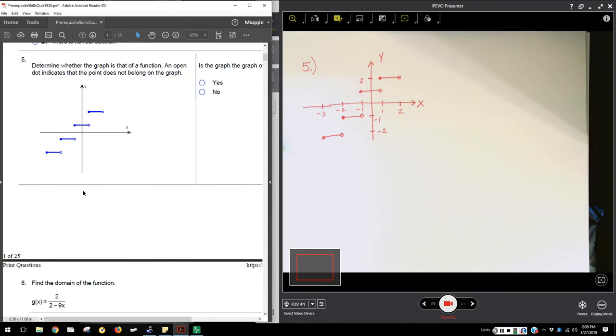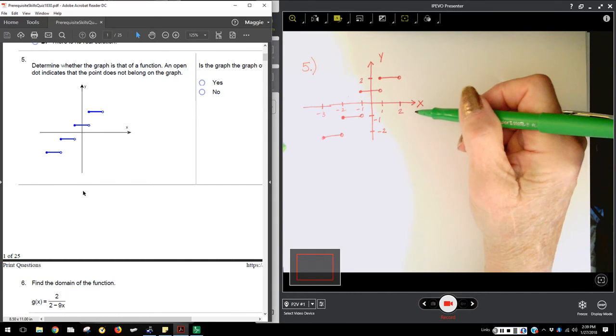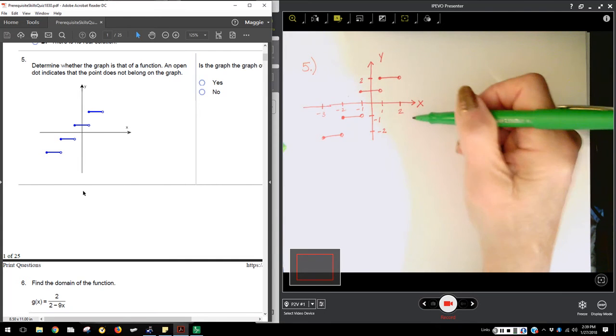Now, a lot of you are going to try to just go ahead and apply the vertical line test. And the vertical line test does work, but you need to understand why it works. Vertical line test says that this is the graph of a function as long as if I draw a vertical line anywhere on the graph, I only cross it one time.